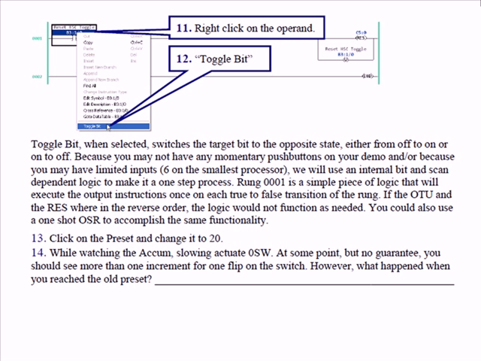Next, we had you change the preset to 20. We did this to demonstrate what you might consider a peculiarity of the high-speed counter and how it behaves. While watching the accumulate register, actuate input 0. At some point, but no guarantee, you should see more than one increment for one flip of the switch.